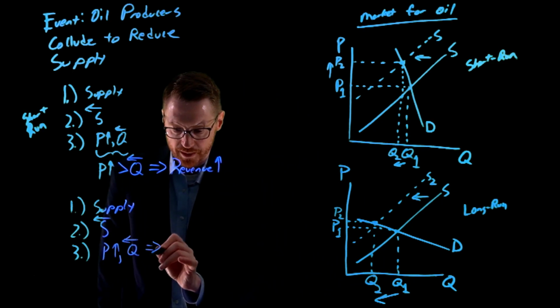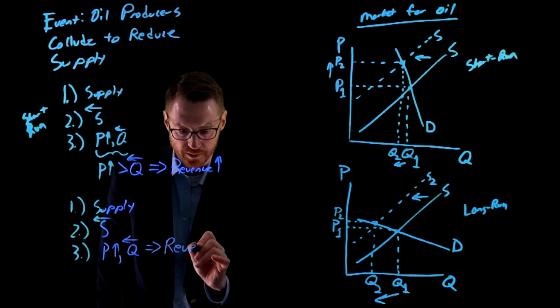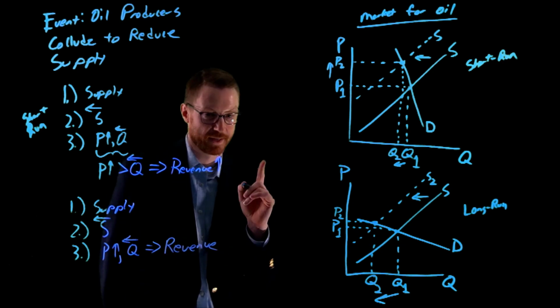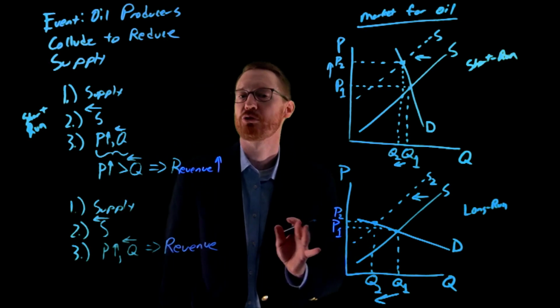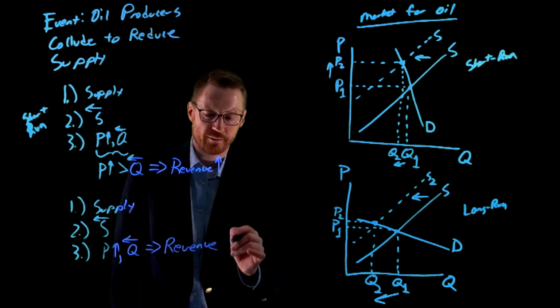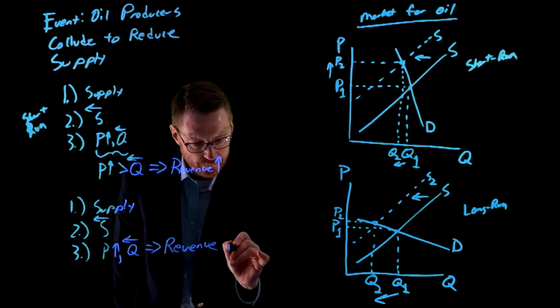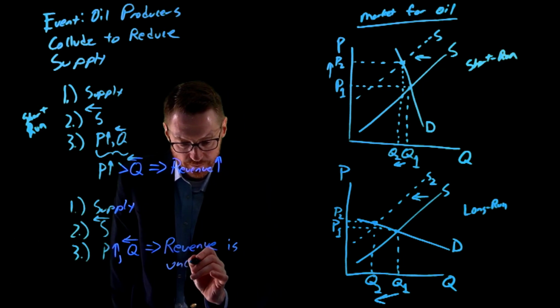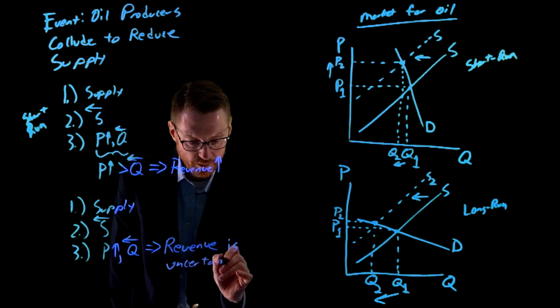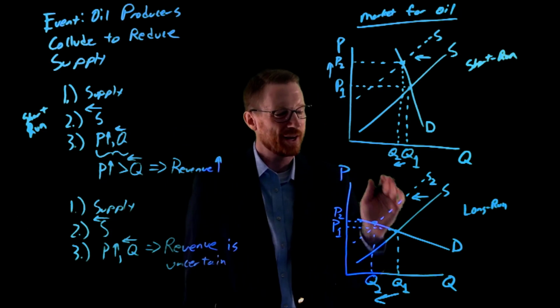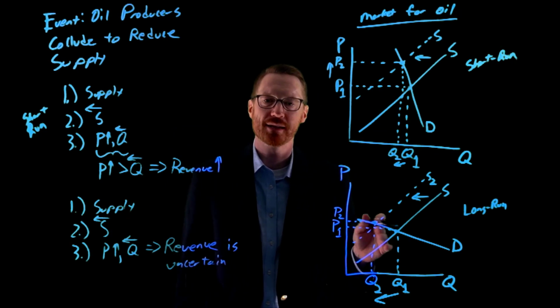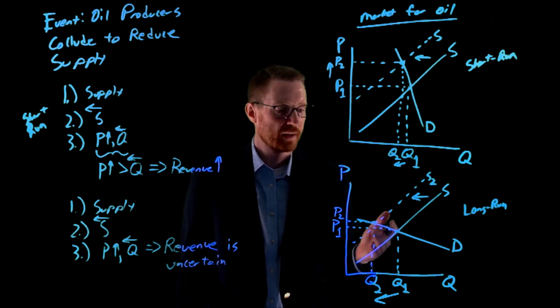So our effect on revenue, and here's where maybe this diagram oversimplifies it or seems too certain, right? Revenue is uncertain.